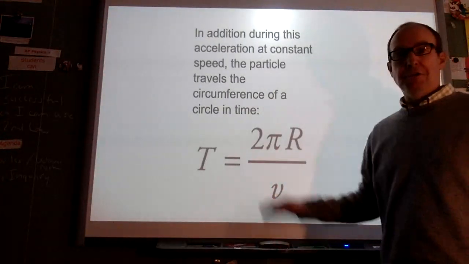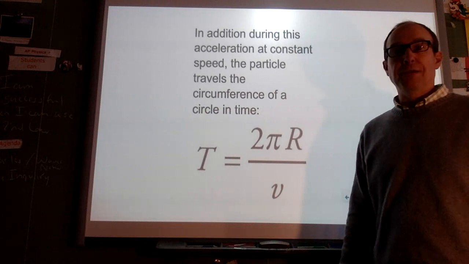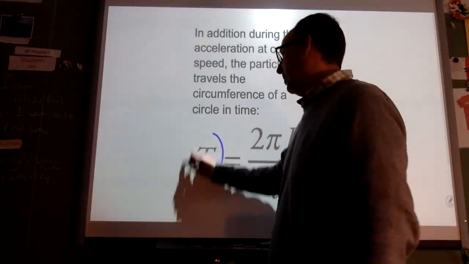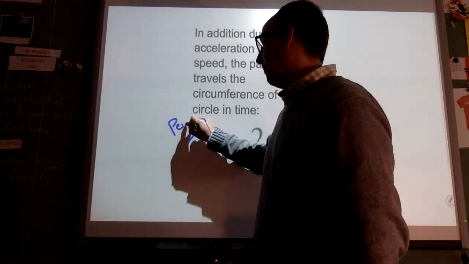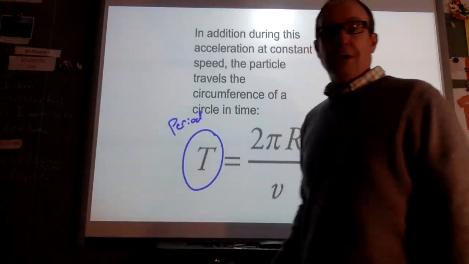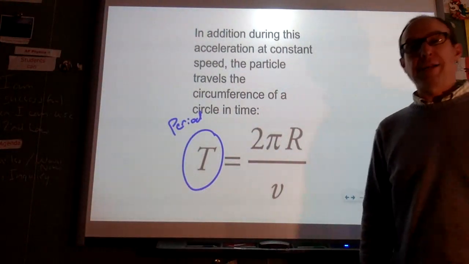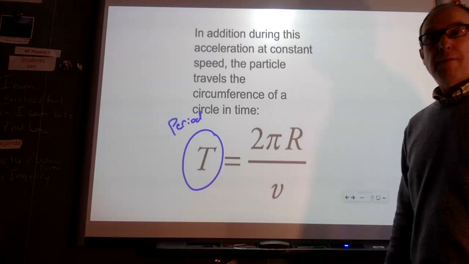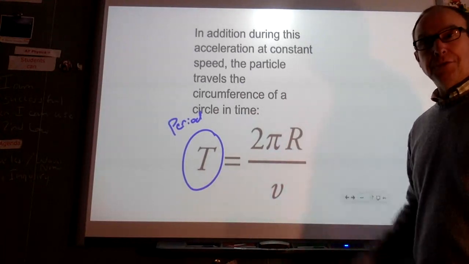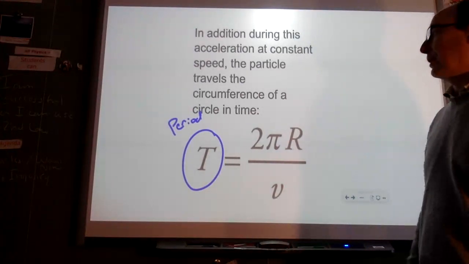All right, so in this circular motion, we were introduced to a couple of new things. The first one was this idea of a period. And this shows up again in simple harmonic motion, right? Because we have that sinusoidal activity where the graph comes back to the same place over and over again.